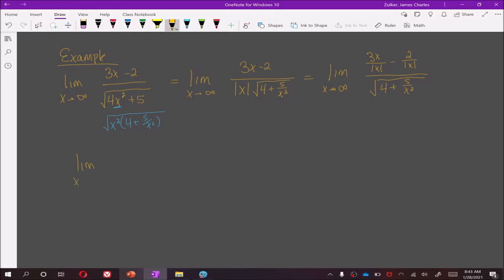Since x is approaching infinity, all the values of x will be positive. So the absolute value of x becomes positive x. So this becomes the limit as x approaches infinity of 3 minus 2 over x, all over that square root.